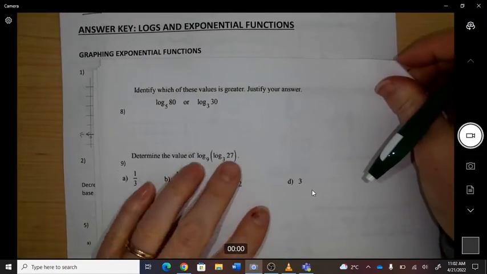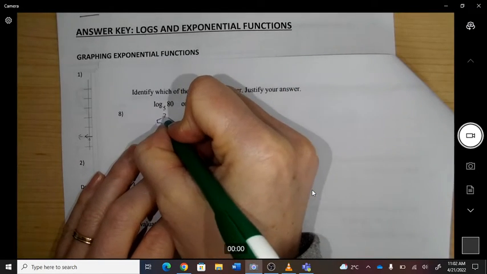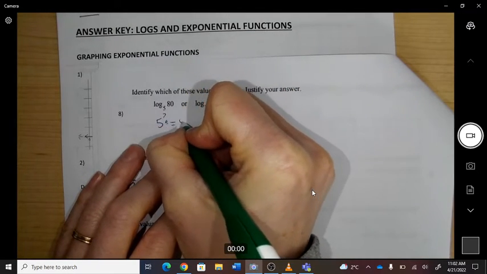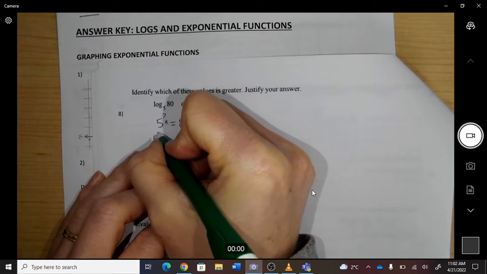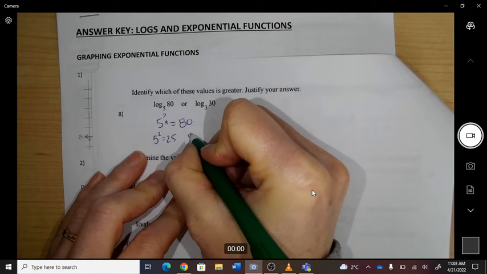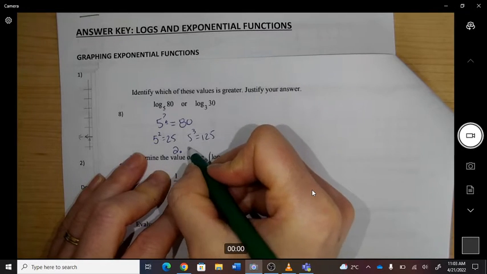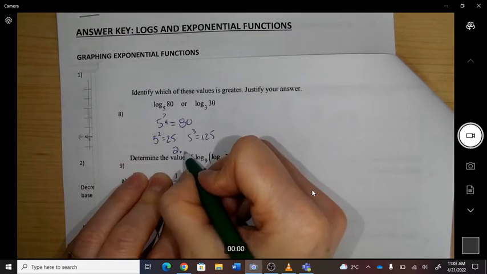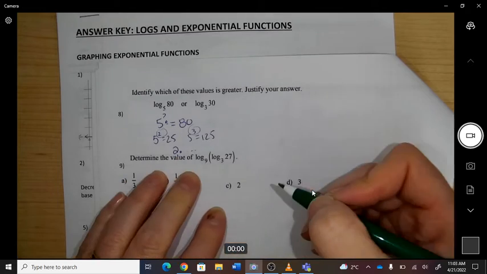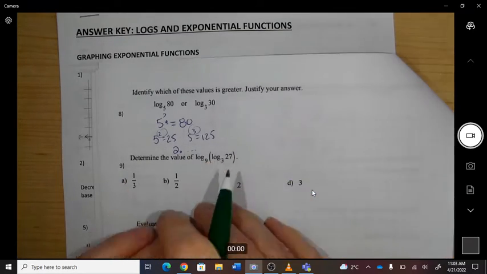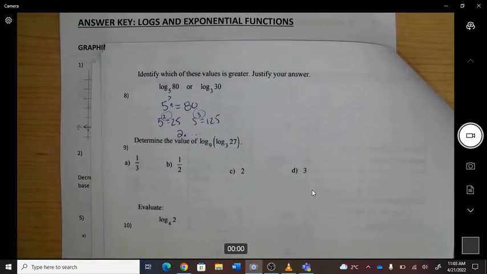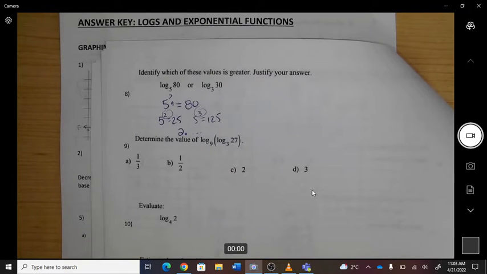Which value is greater? So 5 to the what equals 80. 5 squared is 25. 5 cubed is 125. So I'm going to go with a 2 point something. I'm between a 2 and a 3. What's going to be your guess? 2.5, 2.6, something like that.